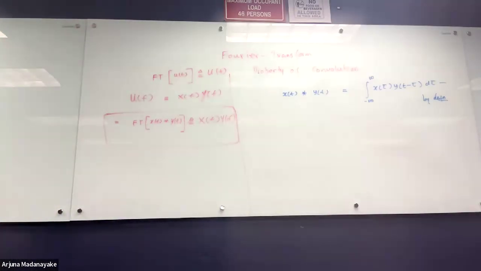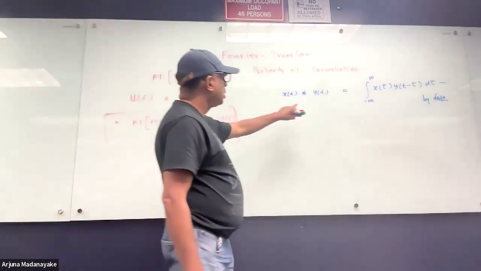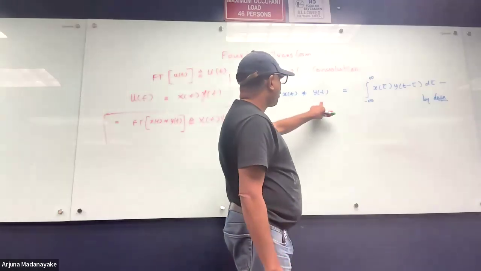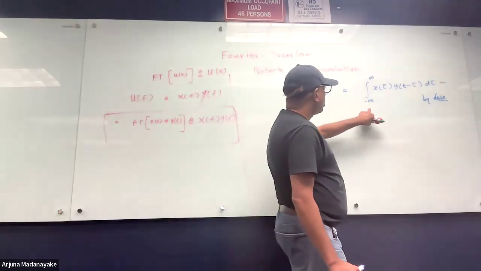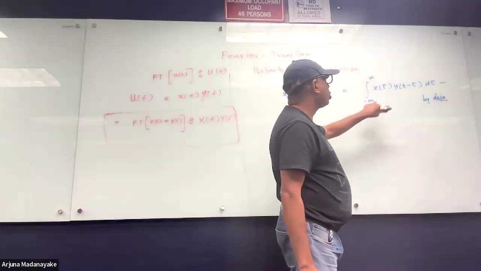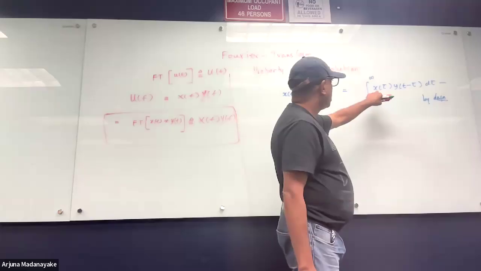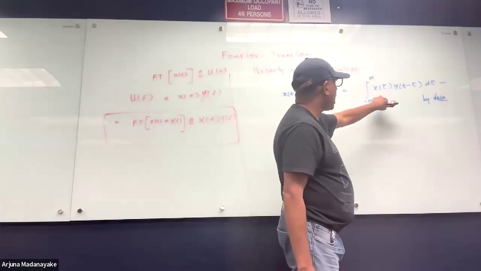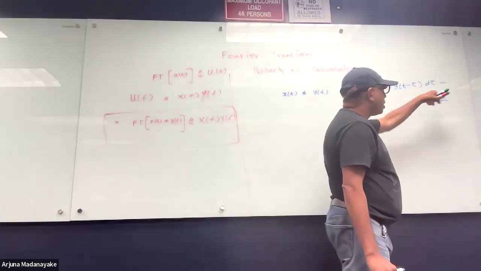From the definition of convolution, x of t convolution y of t is equal to the integration from negative infinity to positive infinity, where tau is a dummy variable, of x of tau y of t minus tau d tau.